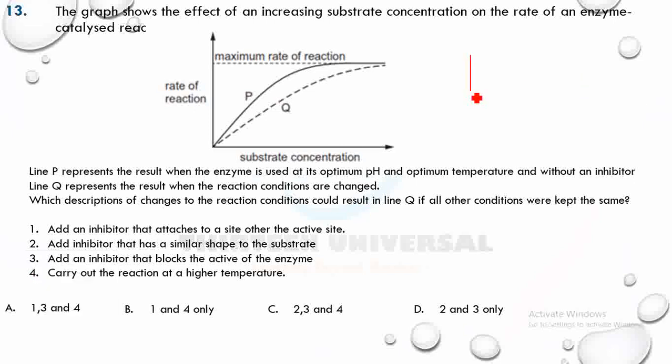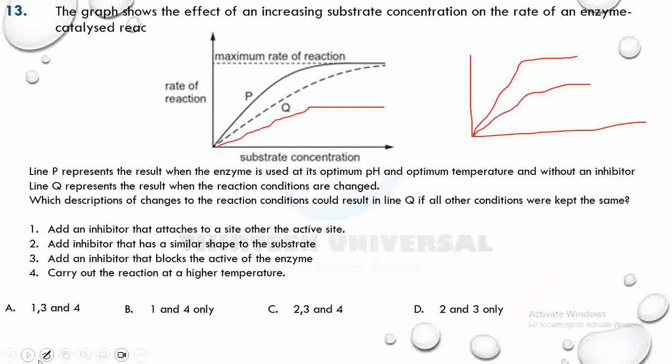If you draw a graph of non-competitive inhibitor, where this is without inhibitor, it does not reach the same Vmax. Maybe it goes like this, and then levels off.